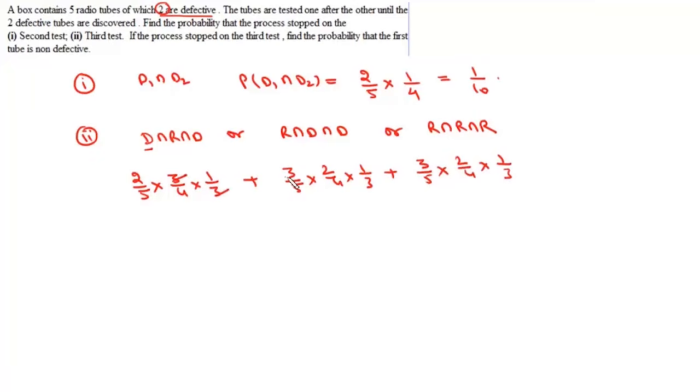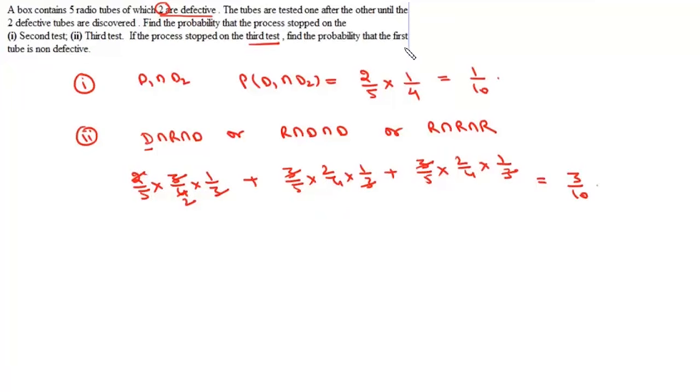Now this 3 will cancel, and this 2 will also cancel. So this required probability will be simply 3 by 10.